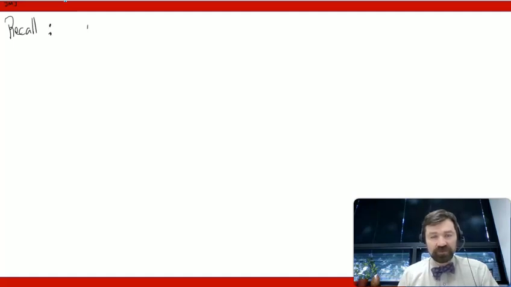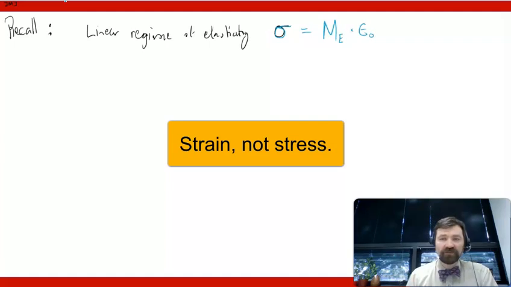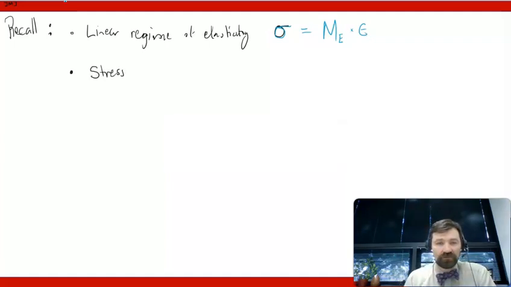The main thing is that we want to work in the linear regime of elasticity, and that in this linear regime of elasticity, we should be able to say something like the strain is given by some modulus of elasticity, which is constant, times some stress. Stress, which is our sigma, is defined as some amount of force per unit area.